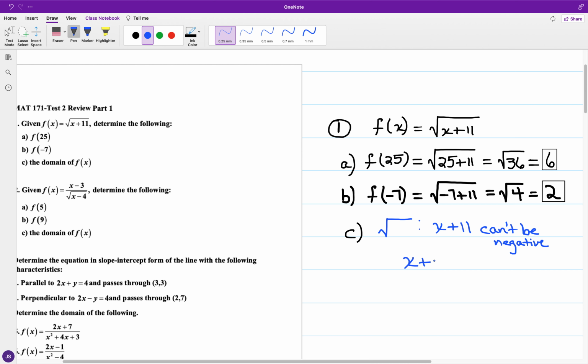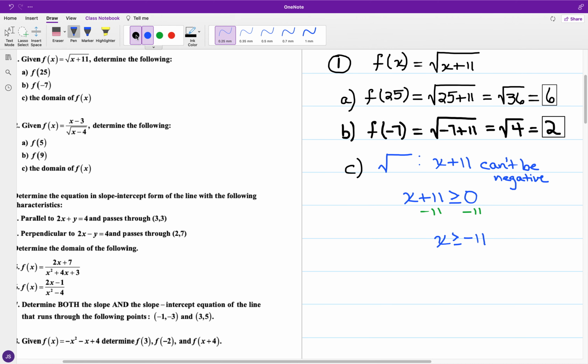If I write an inequality statement in comparison to 0, we have x plus 11 is greater than or equal to 0, and solving for x, we have x is greater than or equal to negative 11. This is the inequality statement that defines what is allowed for x.